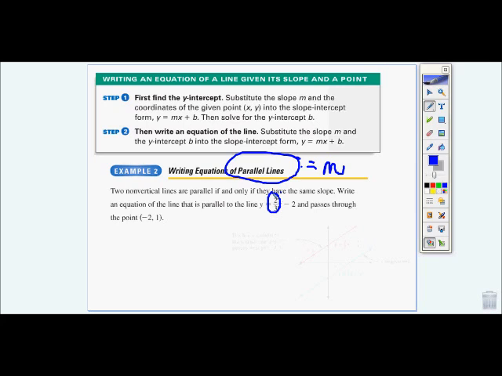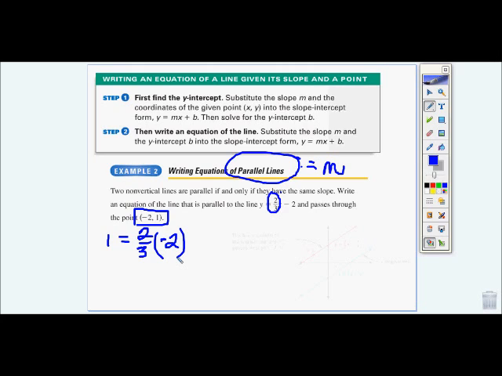So I'm going to do the same thing I did on the last one. My y in my coordinate point here is 1. So I'm going to say 1 equals, I'm going to put in my slope, 2/3. I'm going to substitute in my x, which is a -2.